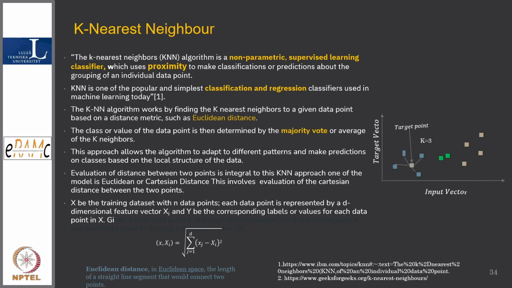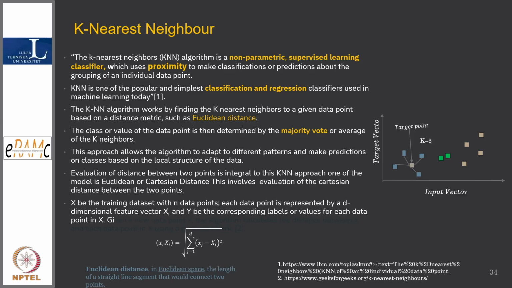The K nearest neighbor, KNN, is a non-parametric method. If you ask me what is parametric and non-parametric, parametric is that which can be defined by a function, like normal distribution, Gaussian distribution, they are all parametric. But non-parametric cannot be described by a distribution or a formula.